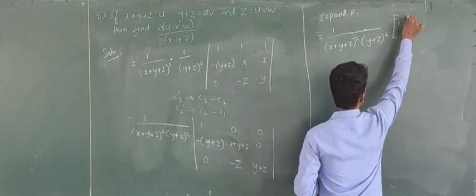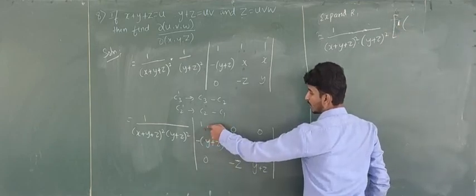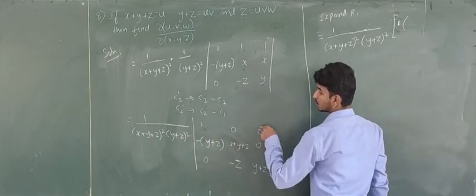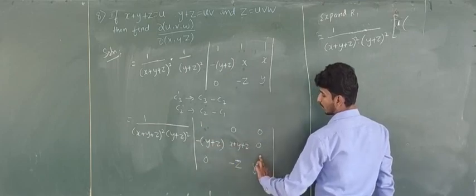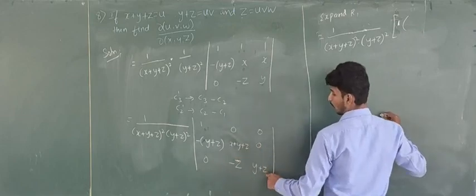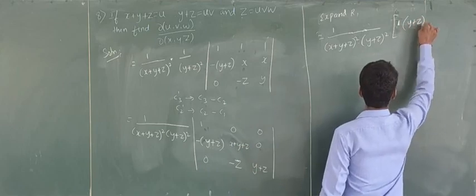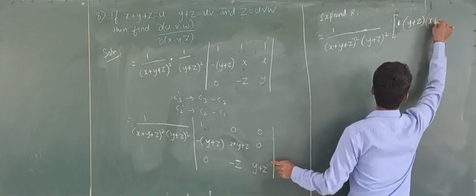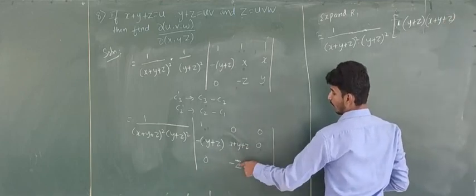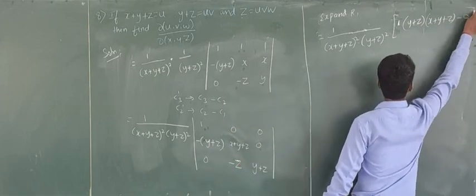Expanding row 1, you leave this row and this column and multiply this with this and this with this: 1 into (y plus z) into (x plus y plus z), minus of minus z into 0, which is 0.